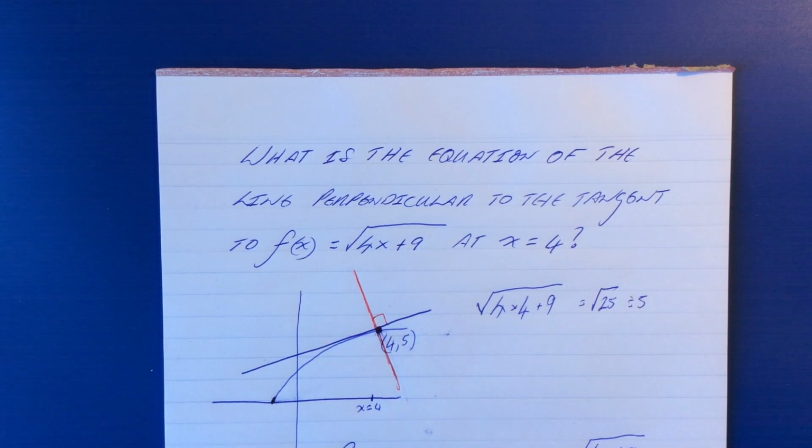Okay, that's the first step. I've located the point and I've given myself an idea of what it is I'm looking for. Now, the next thing that I'm going to do is figure out what the gradient of the tangent is.